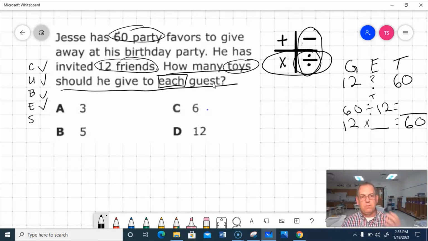One thing we could do is plug in these numbers: 12 times 3, 12 times 5, 12 times 6, and 12 times 12. That'd be one way to solve it. So let's try that. What is 12 times 3? That's right. 12 times 3 is 36. So that would not be the answer. What is 12 times 5?